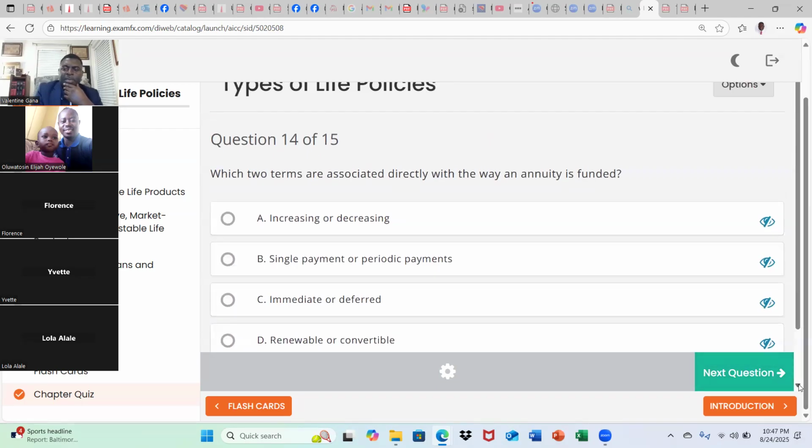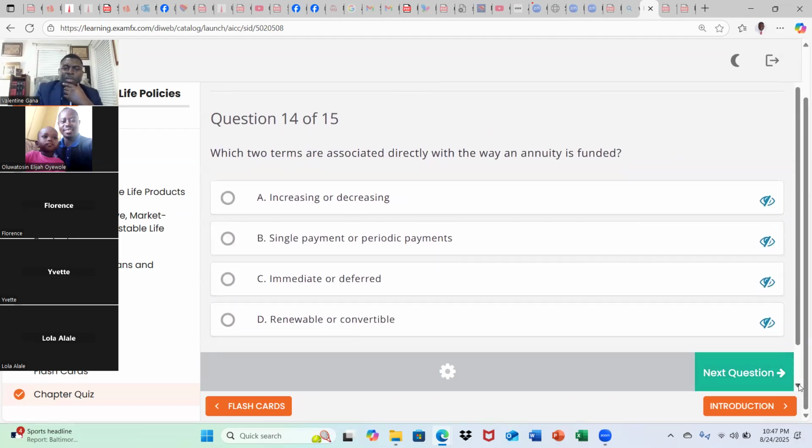Number 14 here. Lola, you want to read this one? Which two terms are associated directly with the way an annuity is funded? A, increasing or decreasing. B, single payment or periodic payment. C, immediate or deferred. D, renewable or convertible.